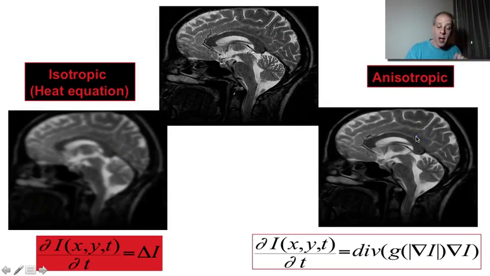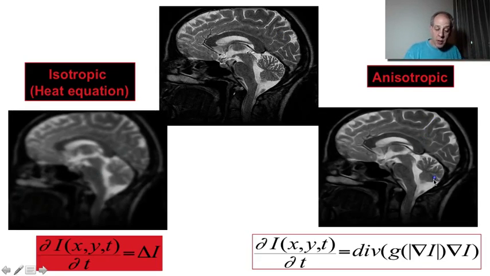On the other hand, if we try not to blur, try not to mix, and only mix pixels on the same side of the boundary without going in this direction, then we get a much sharper result. We still see that we have removed noise inside the object, inside the gray matter of this MRI picture of the brain. We see that it's much smoother, but we are still preserving the boundaries very nicely.